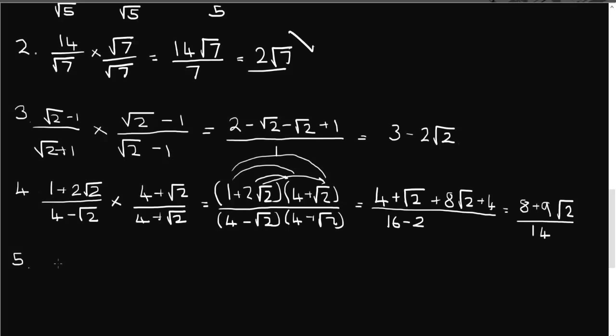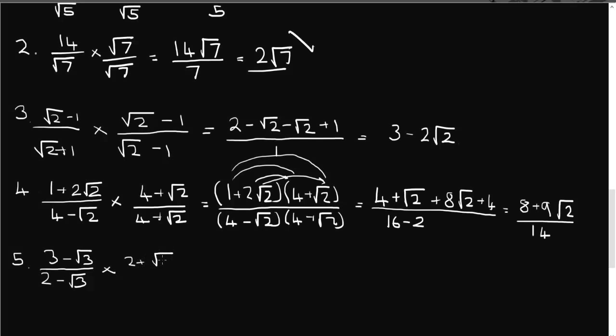Example 5. We've got 3 minus root 3 over 2 minus root 3.